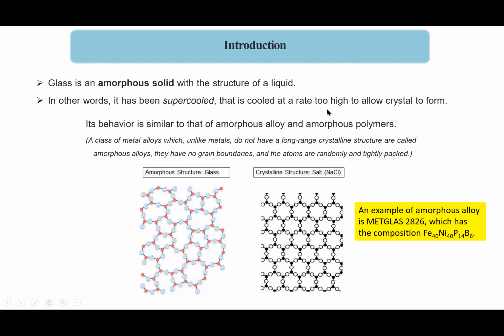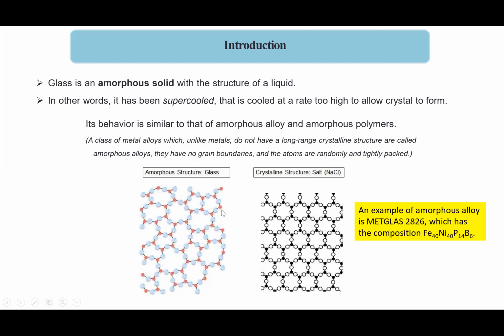That is why when we harden steel, it does not have any regular structure. The structure that forms due to the hardening of steel is called martensite, which does not have any regular structure. That is cooled at a very high rate.